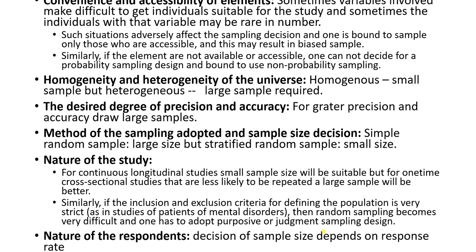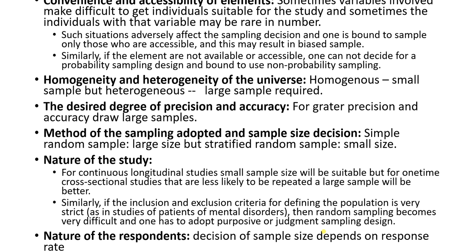Similarly, convenience and accessibility of elements is another factor that often influences the sampling decision. Sometimes the study variables involved are such that it is difficult to get individuals suitable for the study. Or sometimes individuals with those variables may be rare in number.